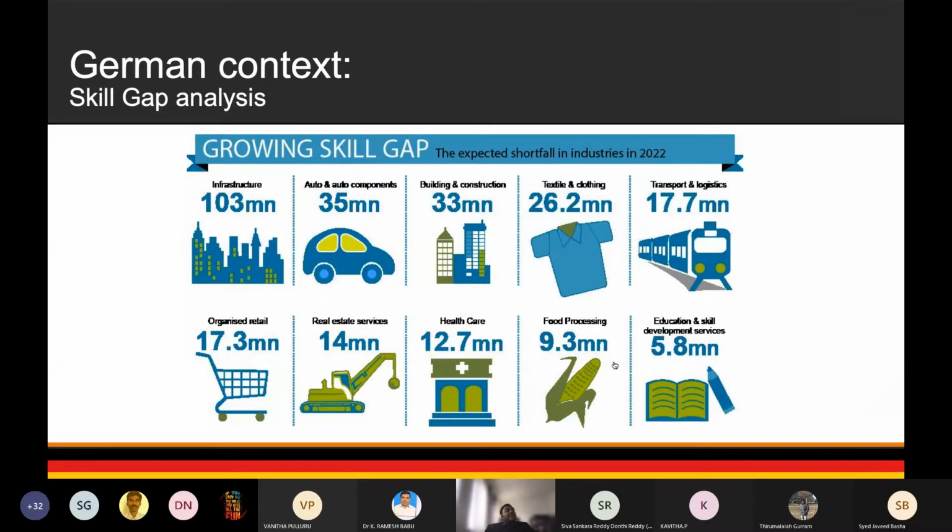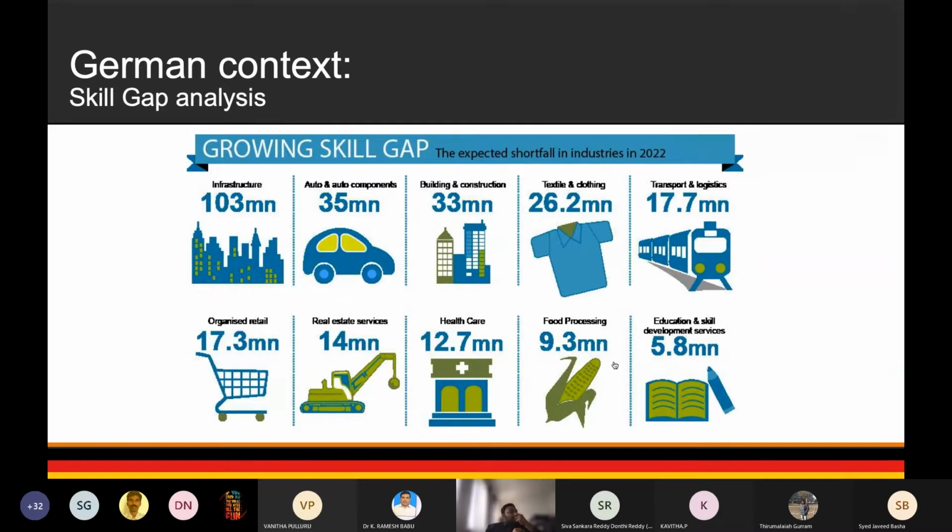Everywhere there are millions of gaps in skill development. Whenever we talk about adopting emerging technologies, it is important to understand where we are and what corners we are targeting to achieve, and to observe the opportunities.